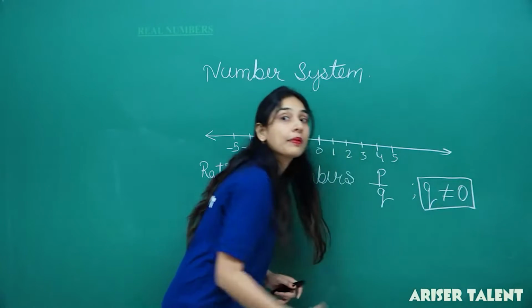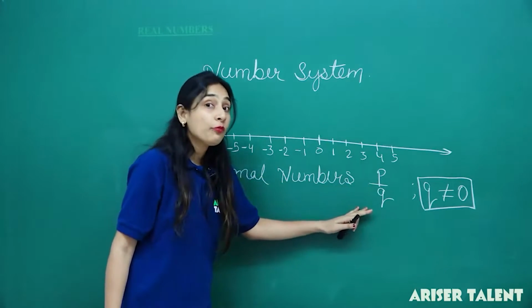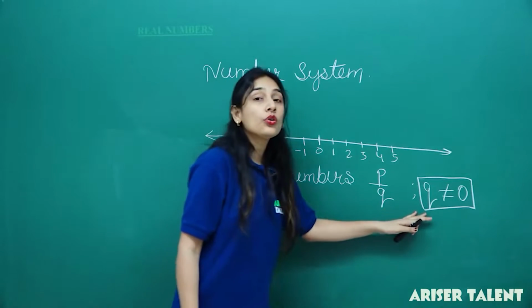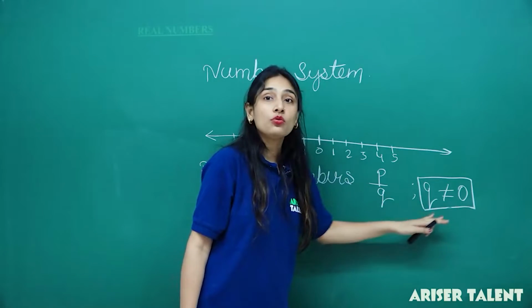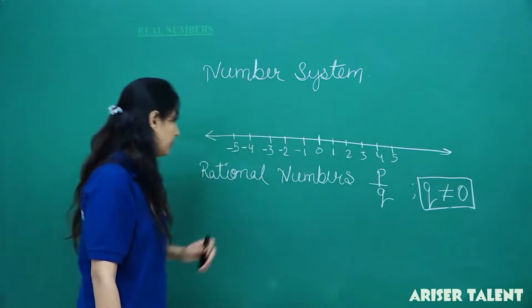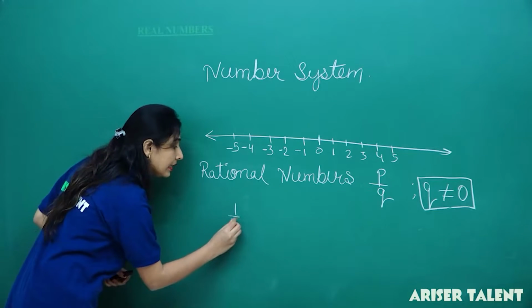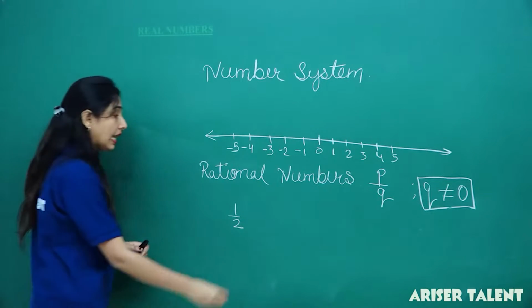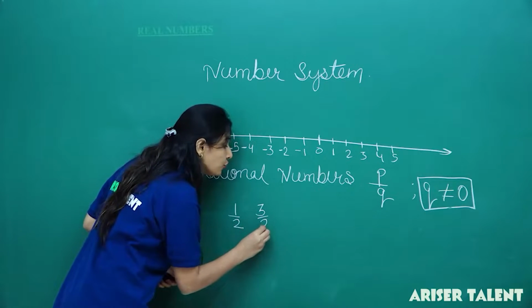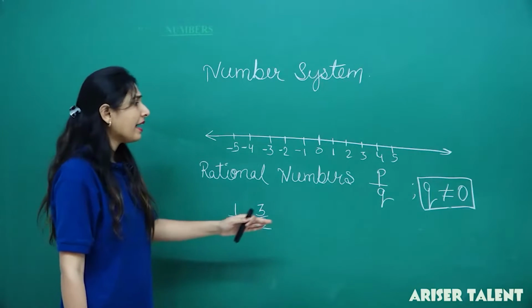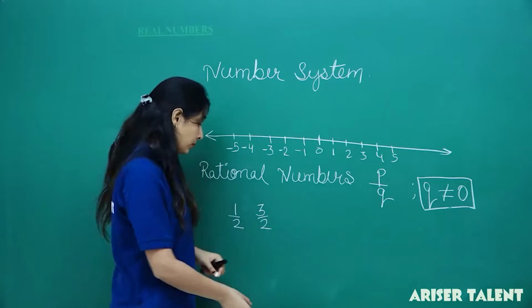This is the condition. In the form of p by q, where q must not be equal to 0. Have an example here, like 1 by 2, like 3 by 2 and many more numbers here.